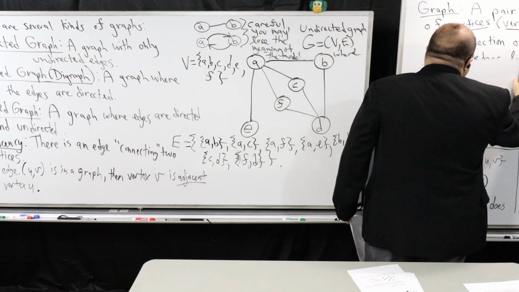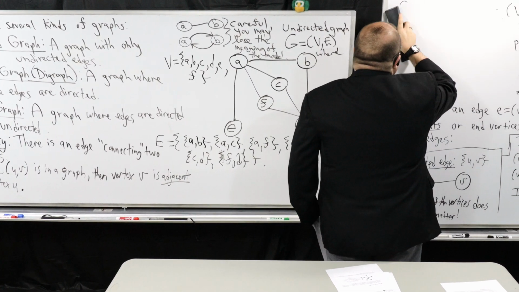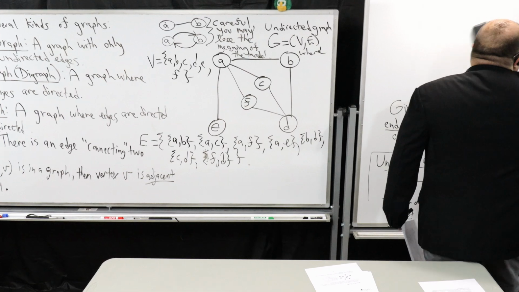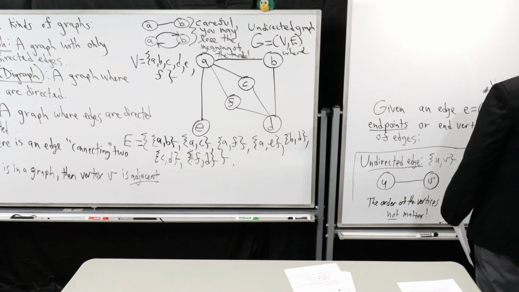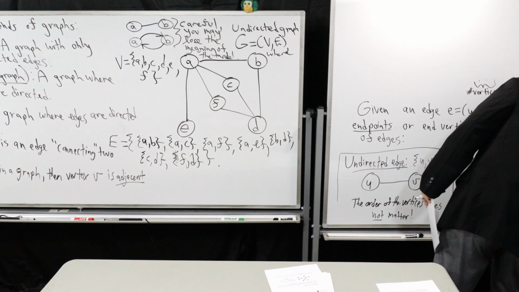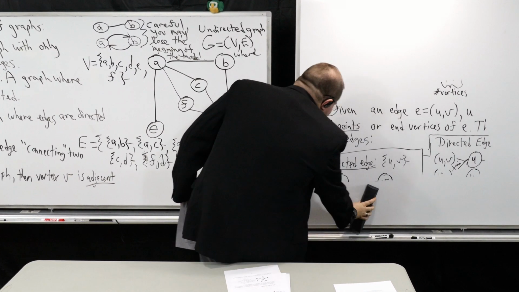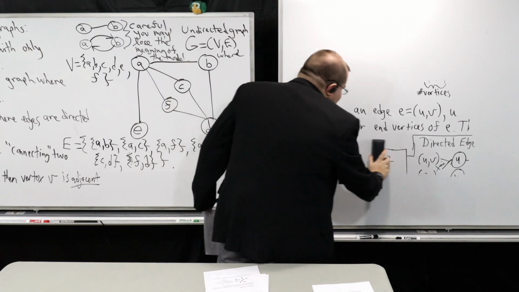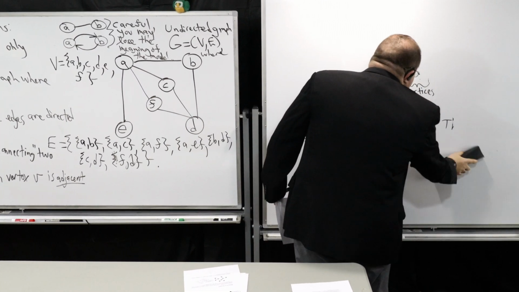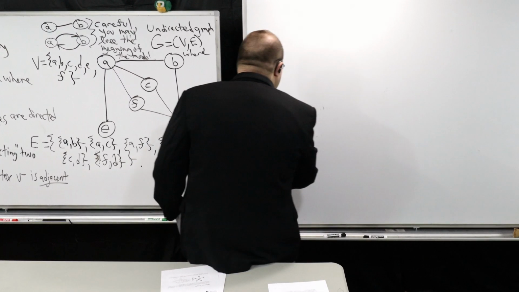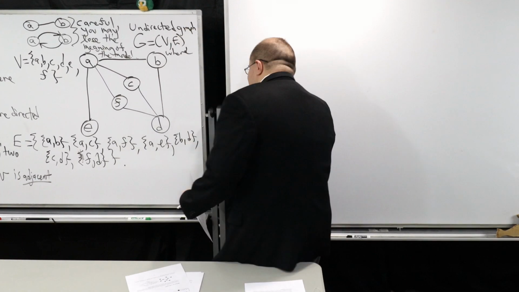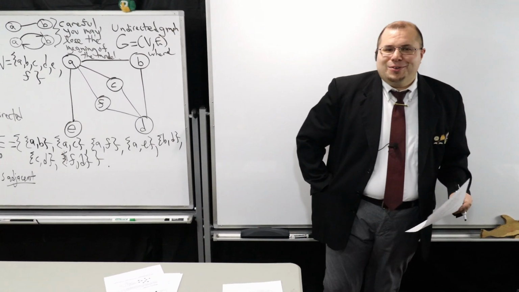You have to be a bit careful, because remember, if I have directed edges or arcs, the notion of adjacency changes ever so slightly. You have to think about it almost like the arrow prohibits you from going the other direction if it's not pointing in your favor. But in an undirected edge, it really doesn't matter. Remember, the order doesn't matter.